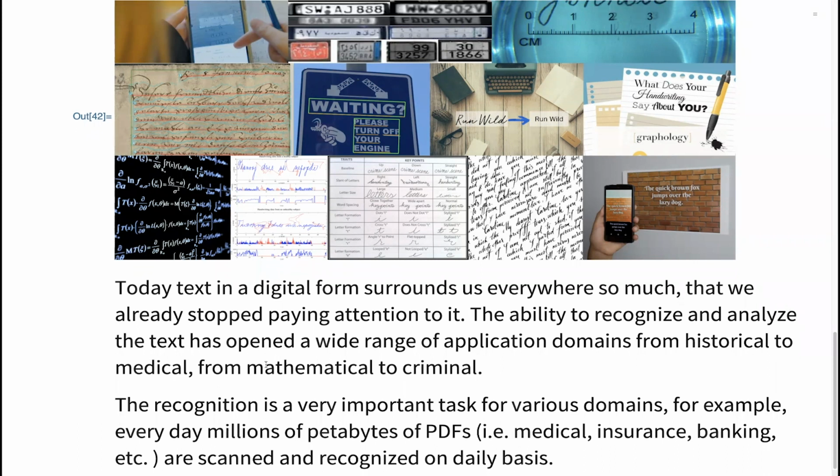And just to give you an idea how important it is to handle handwritten analysis and recognition, every single day millions of petabytes of PDFs, which is a crucially big number, are being scanned and recognized. So this is a real problem that we see in various domains.